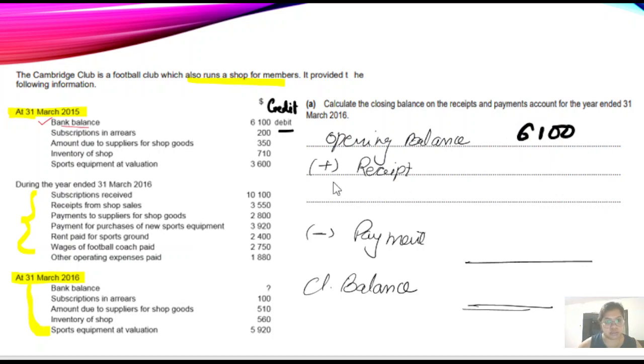Then whatever receipts you are having, these are whatever earnings or income you are having: subscription receipt and receipt from the shop.